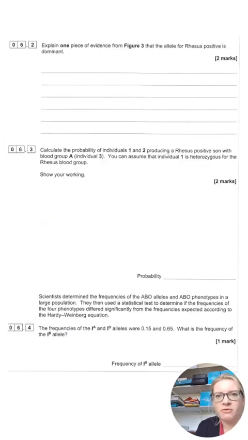Give one piece of evidence from figure 3 that the allele for rhesus positive is dominant. Whenever we are asked these questions, we always look for parents that have got it and offspring that don't.